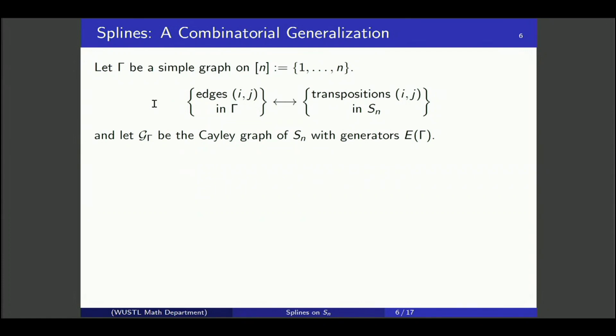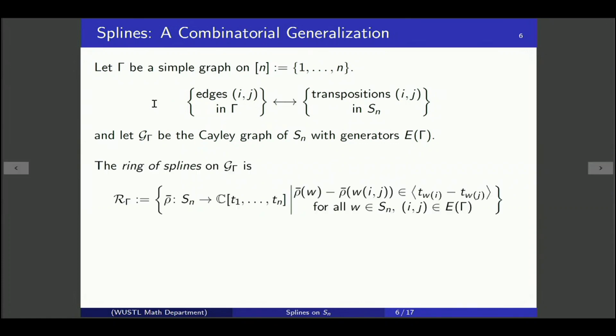And I'll let G_gamma be the Cayley graph of S_n with generators the edges of gamma. So every edge is going to be right transposition by whatever subset of reflections I choose. And the definition is going to look exactly the same for the ring of splines. I'm just using the edges that I picked in my graph.